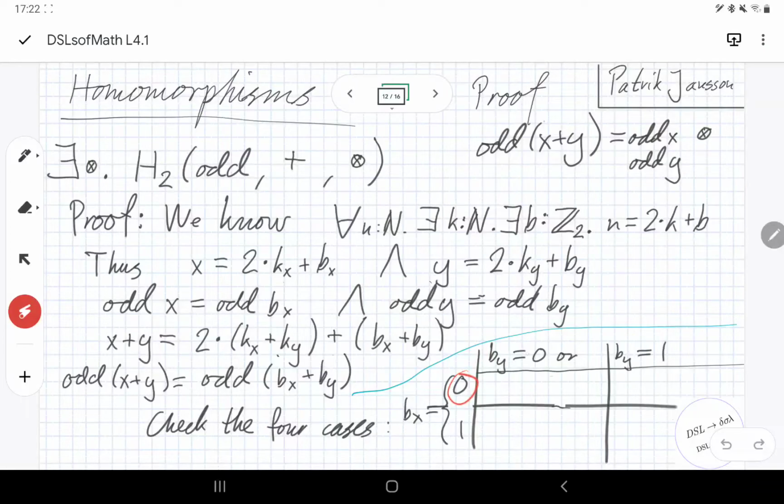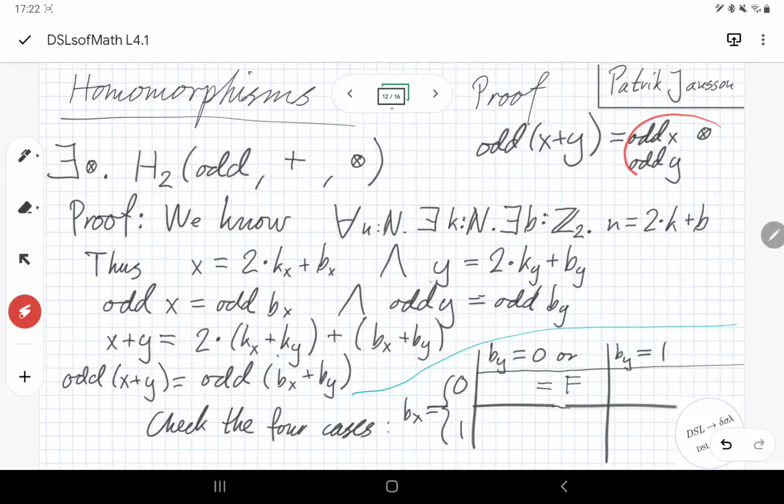So if both b_x and b_y are 0, then we know that we have false XOR false. That results, on the right-hand side, in false. So I'm trying to write here the instance of the equality up here. I'm putting that in the box.